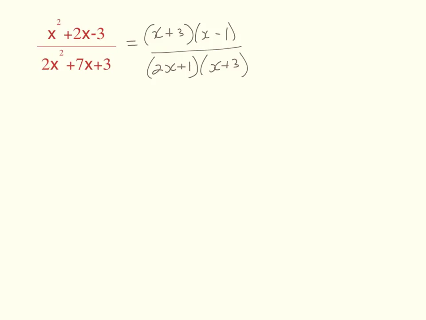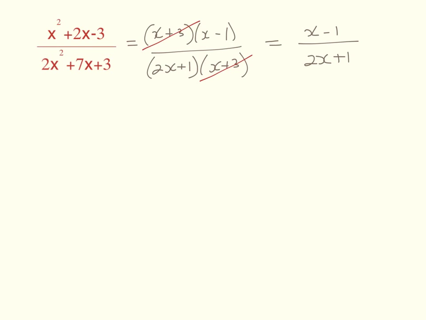And straight away, bells should be going off in your head right now, where you literally go x plus 3, x plus 3. Guess what that means? Goodbye, goodbye. So our final answer then is x minus 1 over 2x plus 1. There's nothing else we can cancel there. That is pretty much done and dusted.